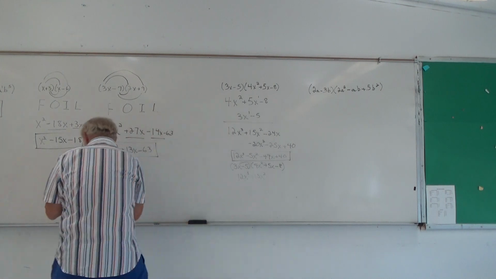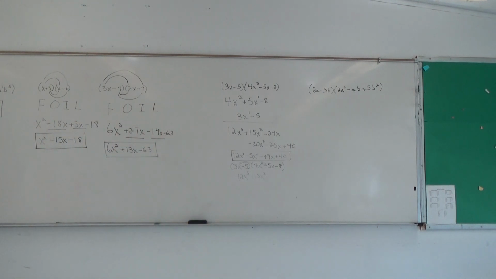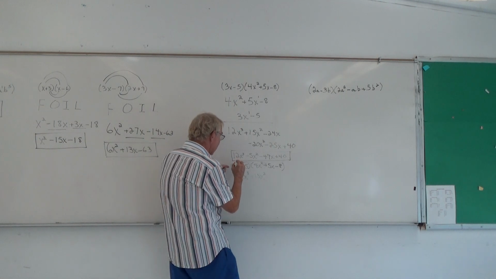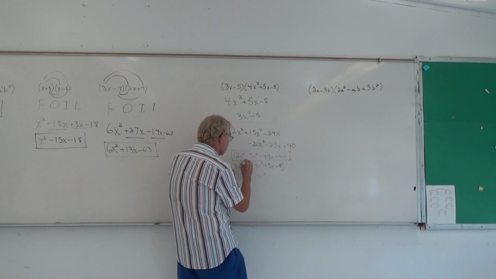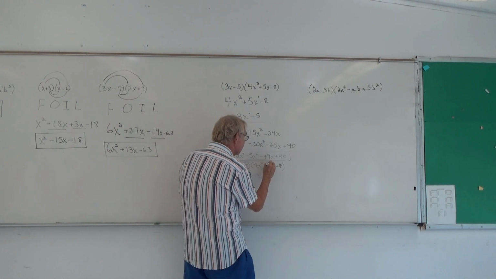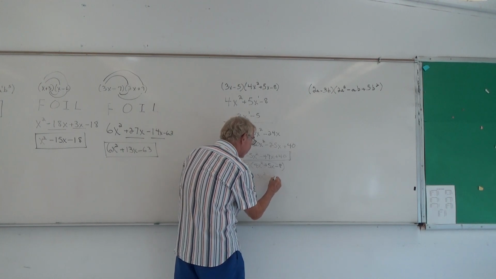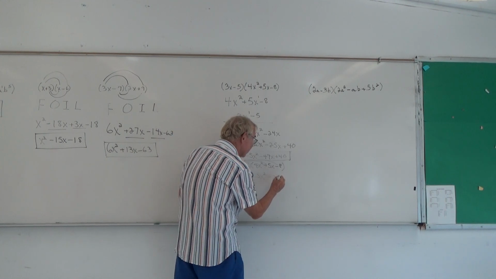Let me get a better marker for you. Okay. Now, what would happen if we multiply this 3x times that negative 8? That would be negative 24x.